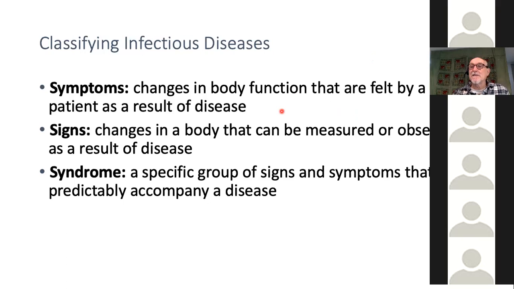It has to be a specific function. And so just for example, I don't feel well is not a symptom. I have a lateral headache on this side of my head, which has persisted for 6 hours. That can be a symptom.